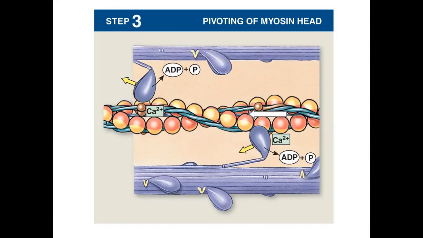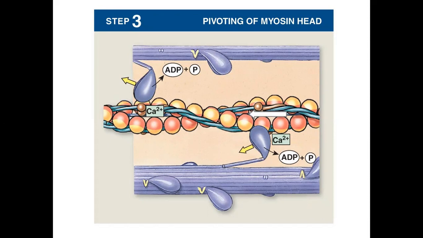Now remember, my cycle started with a very energized head, with ADP stuck to it, with inorganic phosphate stuck to it. Now, when you expose these active sites, immediately the energized head will attach. The attachment is a cue for the inorganic phosphate to detach. So the inorganic phosphate leaves.